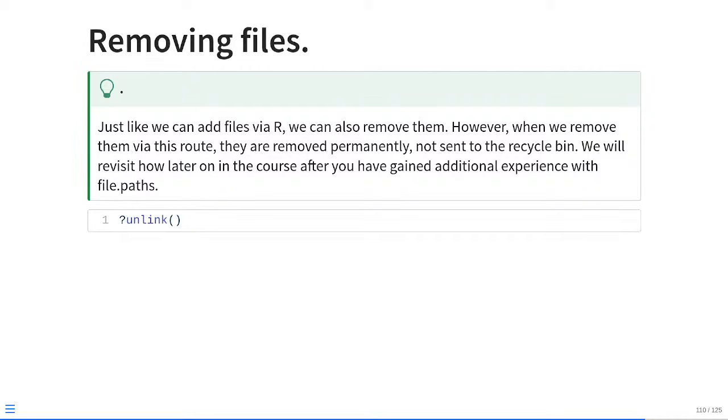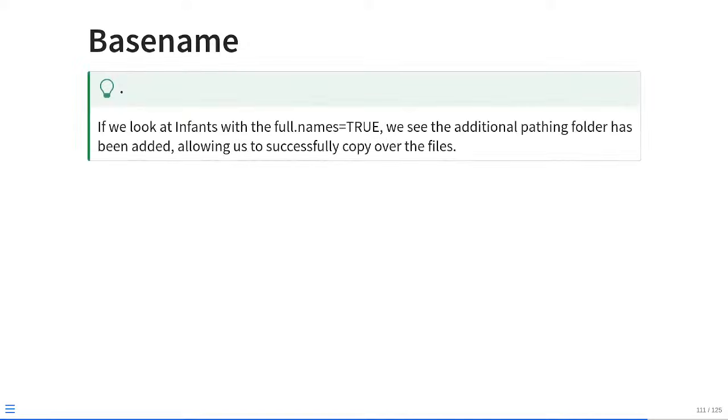But the actual function we may be using later on in the course is the unlink function. This is how we access the actual arguments as far as how it works. Similarly, what we had been working with before we set the full.names argument to true was just the file name itself. But you notice for list.files, when we set full.names equal to true, it also gave us the directory present within those same locations.